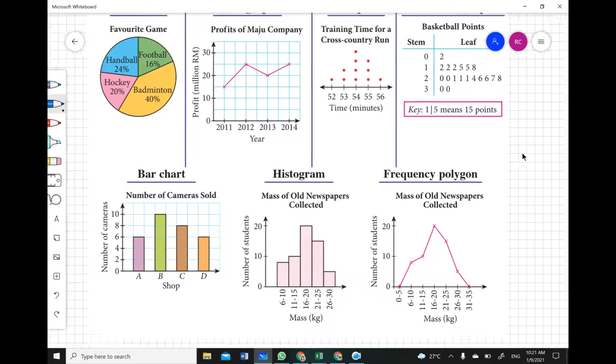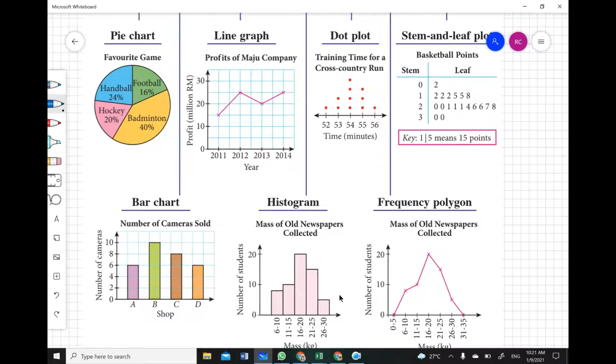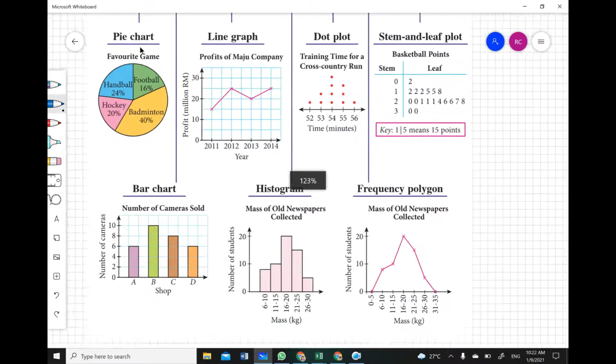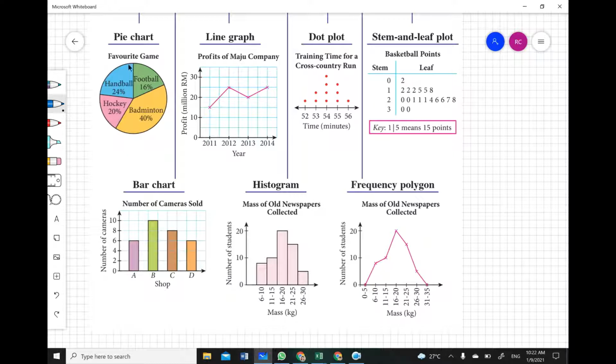The other 5, 1, 2, 3, 4, 5, you need to learn how to draw, because questions will come out in the exam on how to draw all of this. They will give you data, you need to draw the given required representation. For example, pie chart, and then you have to draw a pie chart. If they say dot plot, you have to draw a dot plot like this. Don't worry, it is easy.